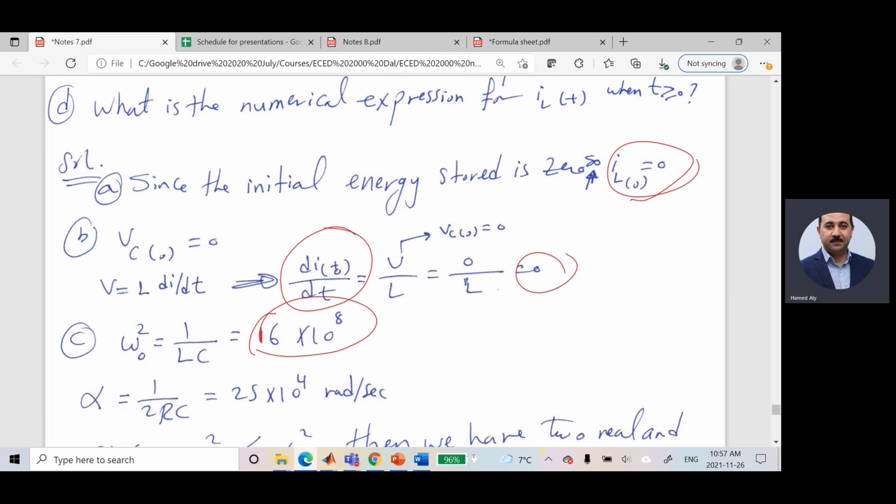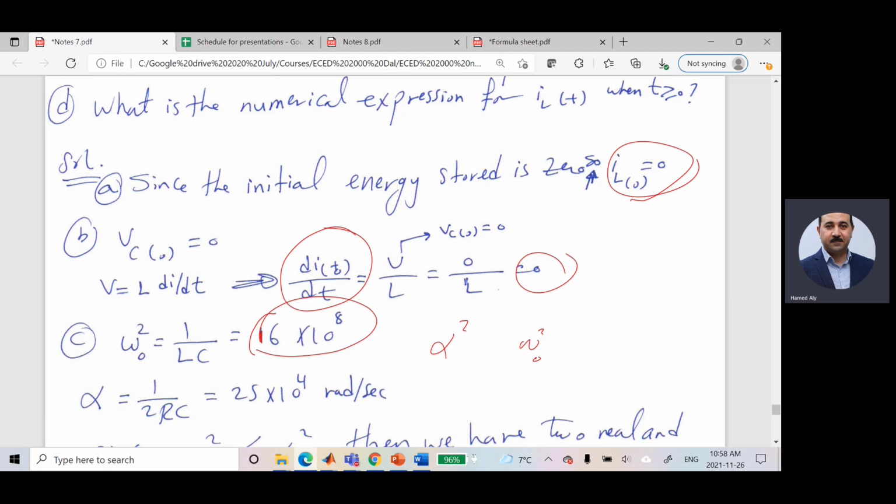Now, I will compare between them. So, based on that, alpha squared and omega squared, which one is bigger? Omega squared is equal to 16 times 10 to the power 8, and alpha is equal to 25 times 10 to the power 4.